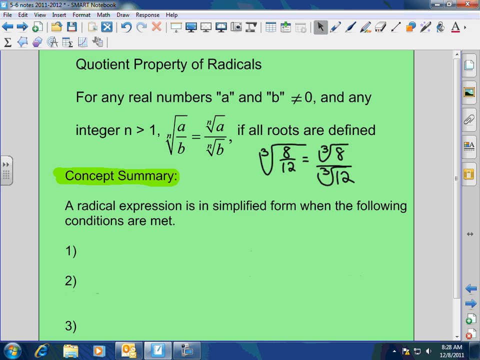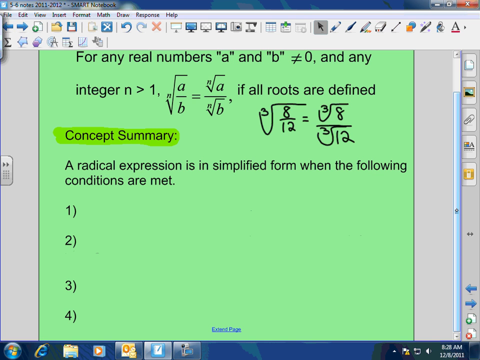So let's review the concept summary overall, how you know when you have simplified a radical form. Okay? And the first one, the index is as small as possible. If you can reduce that index at all, that's what you want to do.